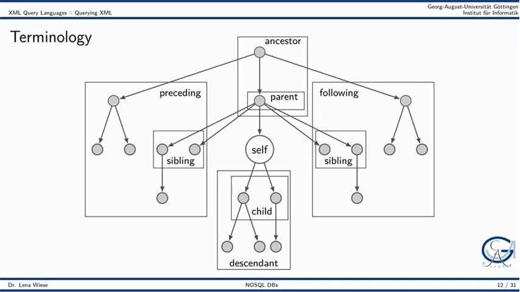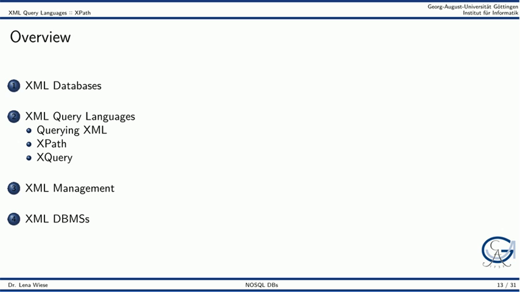Direct descendants are the child nodes. Nodes that have the same parent as the self node are called its siblings. There may be other nodes preceding the self node in the XML document or other nodes following the self node in the XML document. We will now look more closely at XPath.